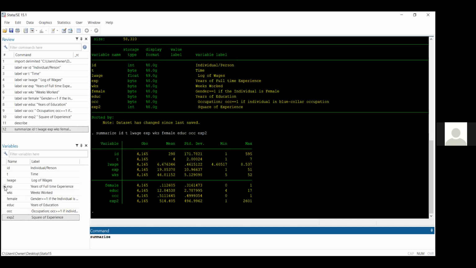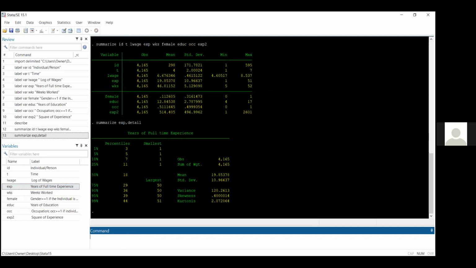So I'm just going to randomly choose, for instance, experience here. For normality, usually we are reporting kurtosis and skewness. So if I just add an option called detail, then it gives me, beyond mean and variance and maximum and minimum, more about that variable.